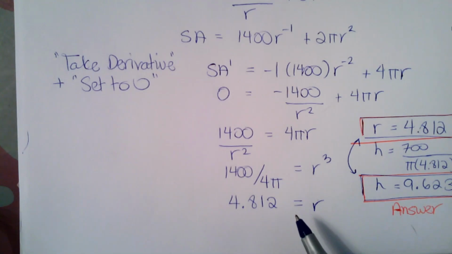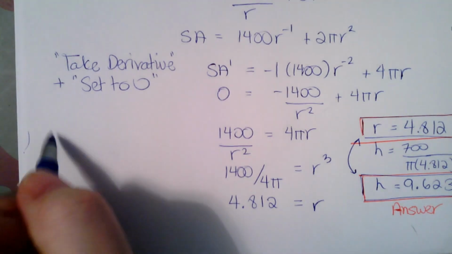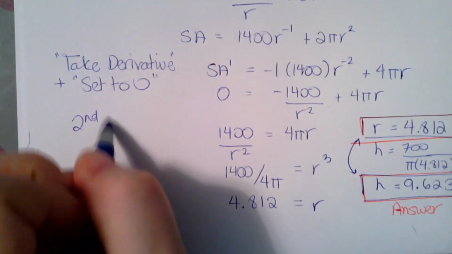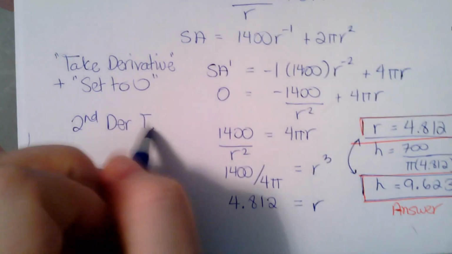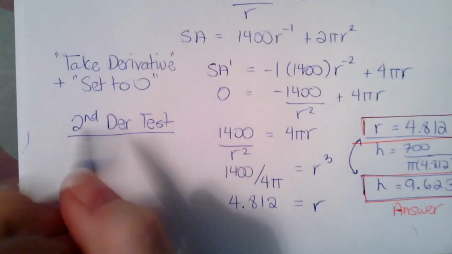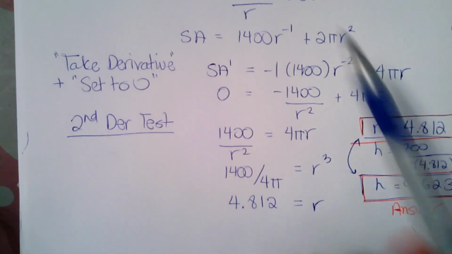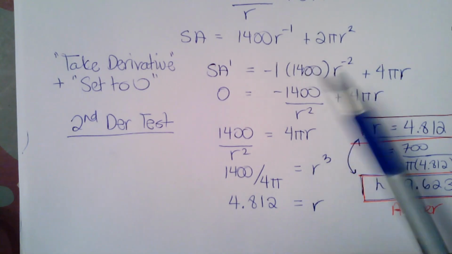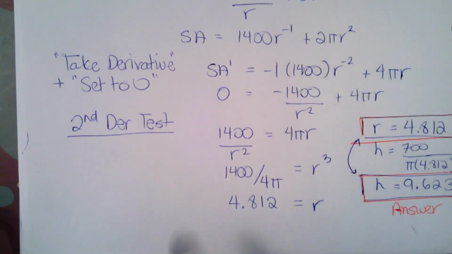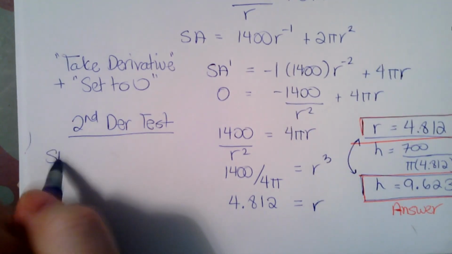Yeah, I guess we could do it. So we'll do a second derivative test. Again, feel free to try the first derivative test if you would rather. So you have to figure out a value of r less than 4.8 and one higher, sub it back into the derivative, and see what you get, positive or negative, on the left and right side. I'm going to just do the second derivative.